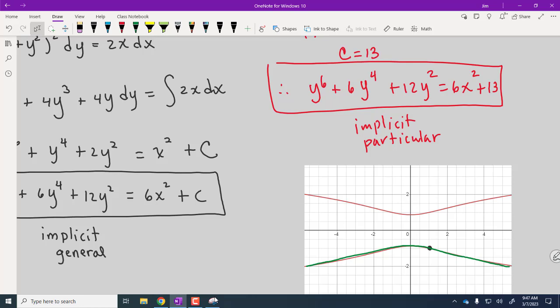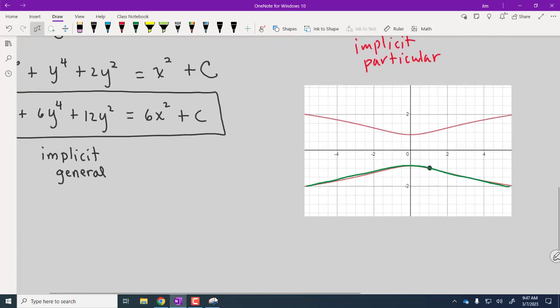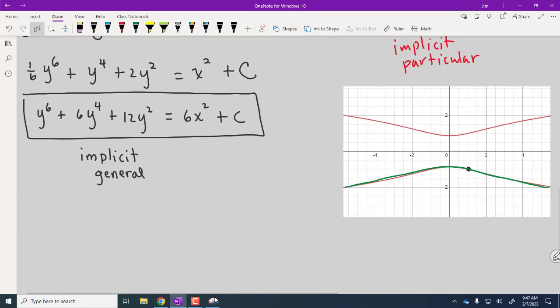Yeah? So the implicit particular form is just telling us a point on the actual graph of the function. Particular means that you have some initial value. Right now when you get your general solution, there's a plus c. That means there's an infinite number of curves right here. This is one curve.